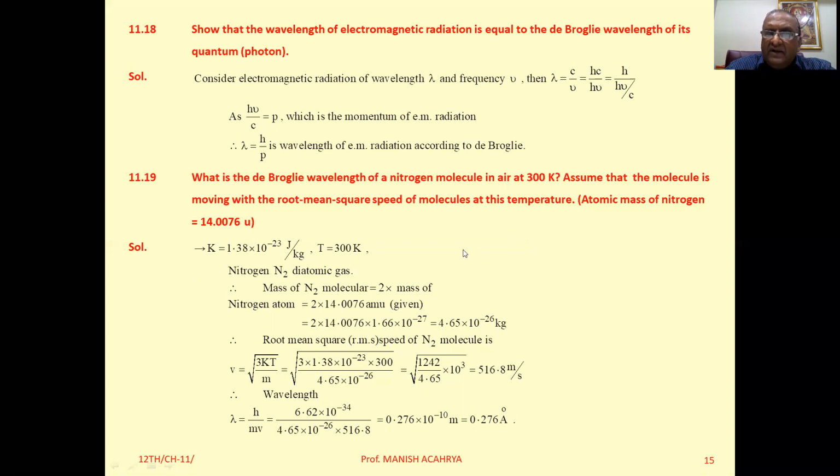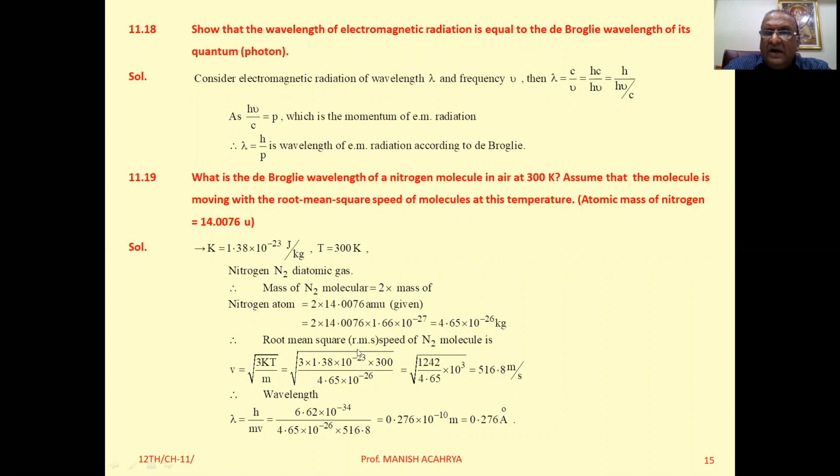Now nitrogen is diatomic. It implies that the mass of an N2 molecule is 2 into the mass of a nitrogen atom. Atomic mass is given to you. So 2 into 14.0076 amu, multiply it by 1.66 into 10 raised to minus 27. You will get the mass of the nitrogen molecule in terms of kilogram.